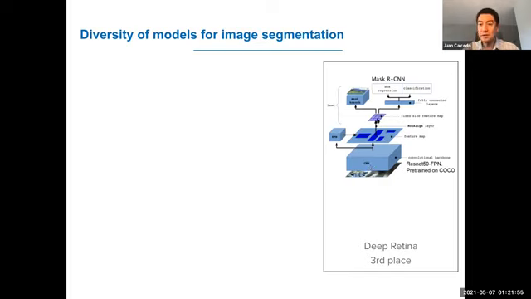Those candidates are reviewed again by another network, which is able to tell if the object is a real object or not in order to discard it. And then if it is a real object, what would be the exact bounding box that encloses the object, and what would be the mask that separates the object from the background. So all those components are here in the Mask RCNN architecture. And with that, this team was able to reach the third place.